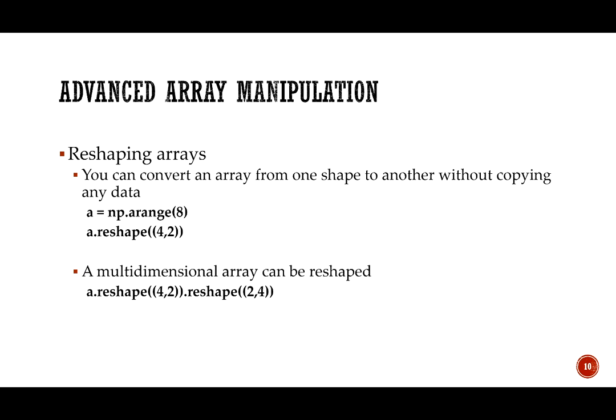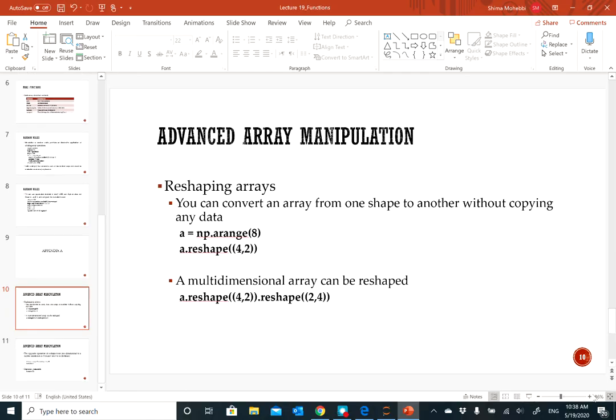A multi-dimensional array can be reshaped as well, so it works for one-dimensional arrays and matrices. And in this example, first we reshape A and we change it to 4x2, and again we apply the reshape, and then we get 2x4 format. Let's implement this and you can see the result.